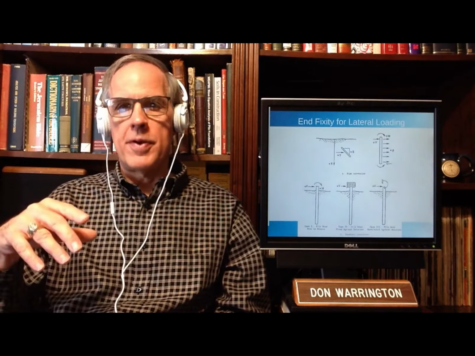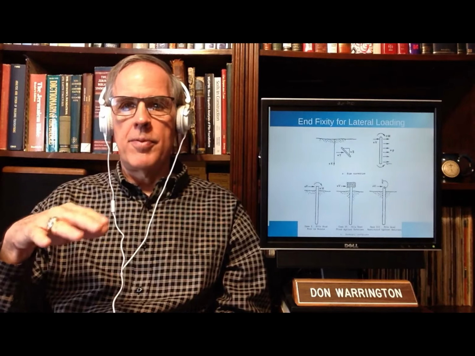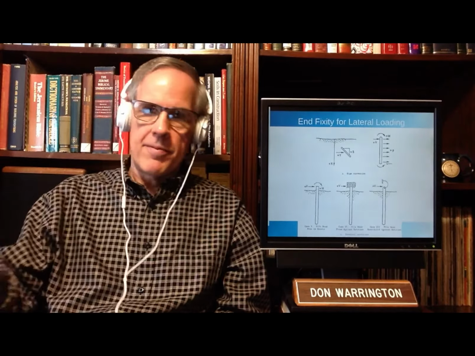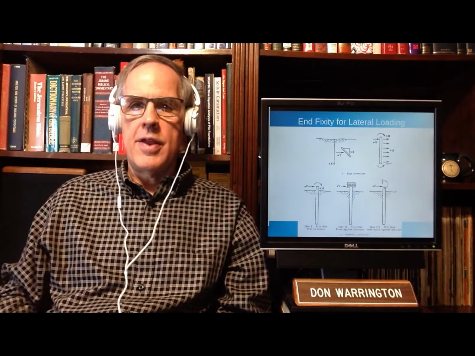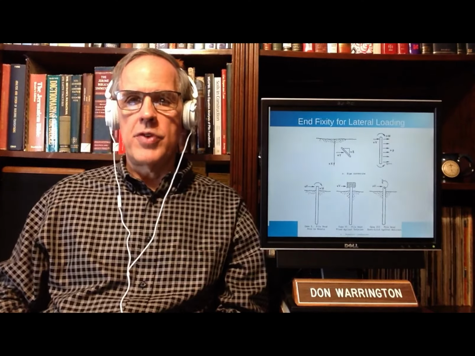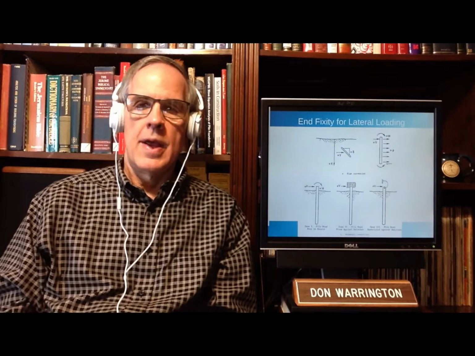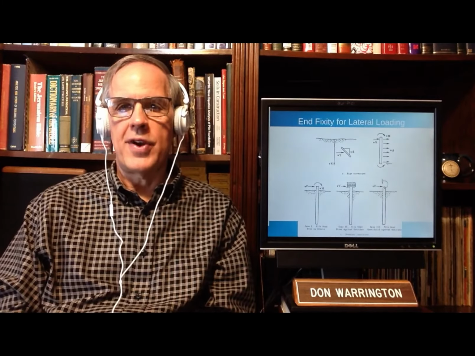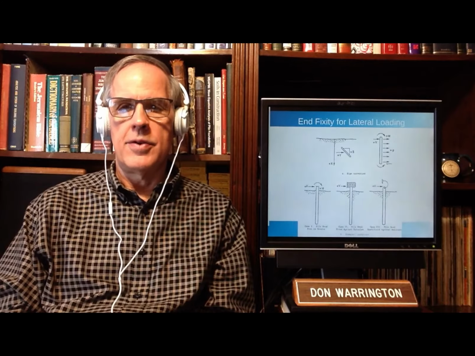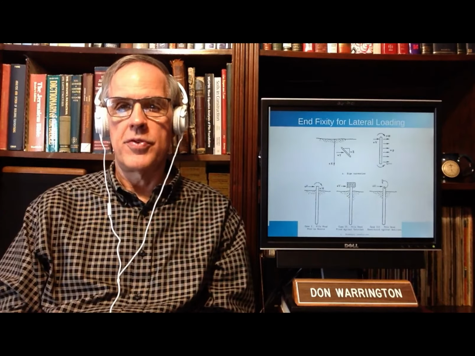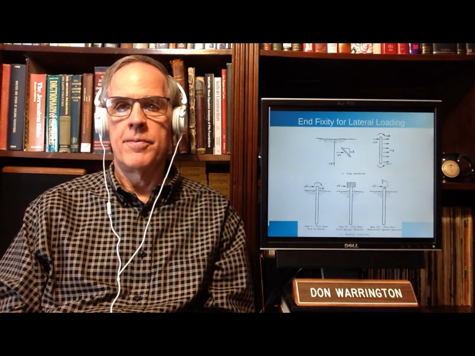It can move perpendicular to that axis, and normally we refer to these, if we have a beam laid this way, as the X direction and the Y direction. And then it can also rotate around that axis. And we can constrain beams in different ways, and that will produce different responses from the beam.